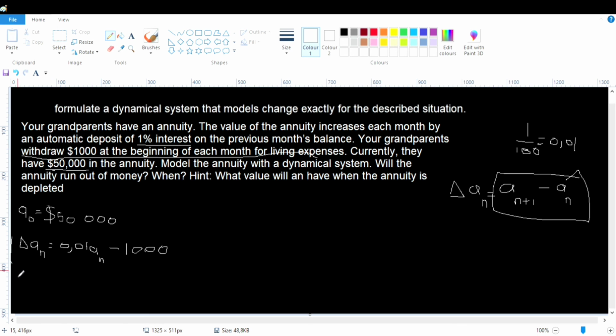I won't write change anymore; I'll just write A sub n plus 1 minus A sub n, which is equal to the function that we have here, which is 0.01 A sub n minus 1000.